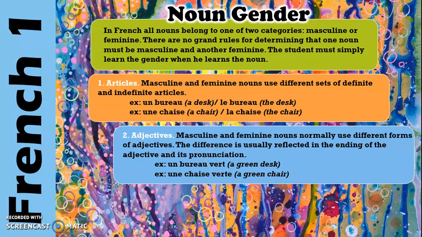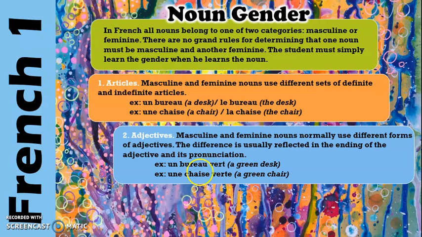Now I want to say a green chair, but I know that chair is feminine. All right, once again, I'm going to say une chaise, because une is how I say a for a feminine noun. So a chair, and then look how I say green. Verte. Okay, it's a little bit different because the feminine form adds an E to the masculine form.